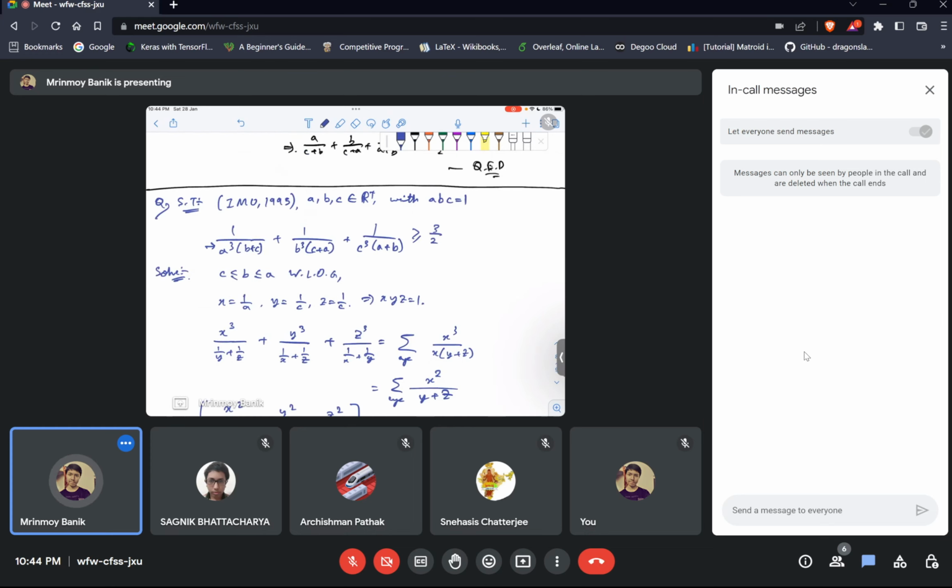So we had assumed this one, that implies x greater than or equal to, sorry, so a is the smallest, right?